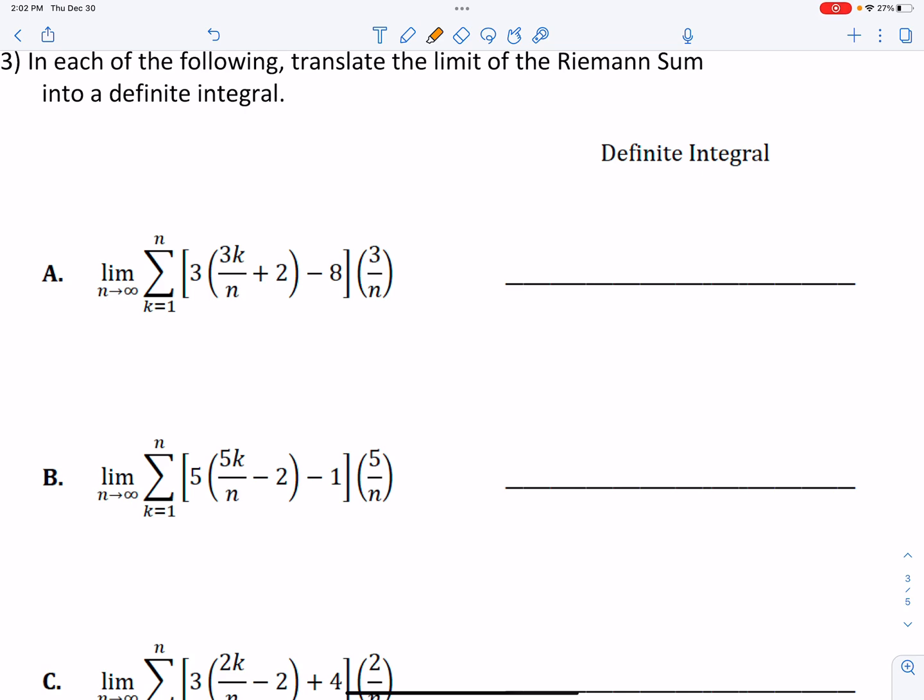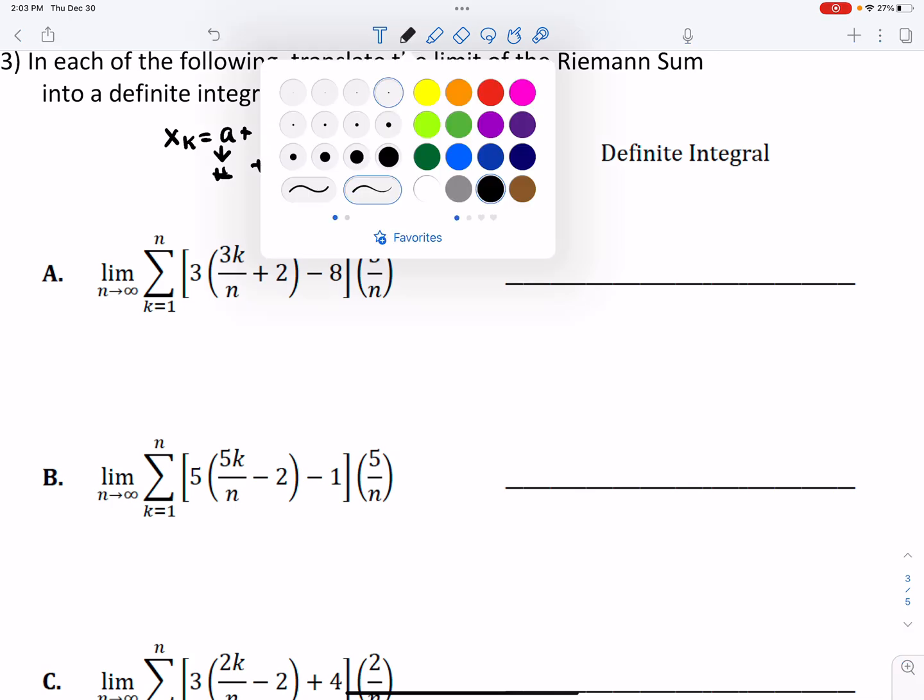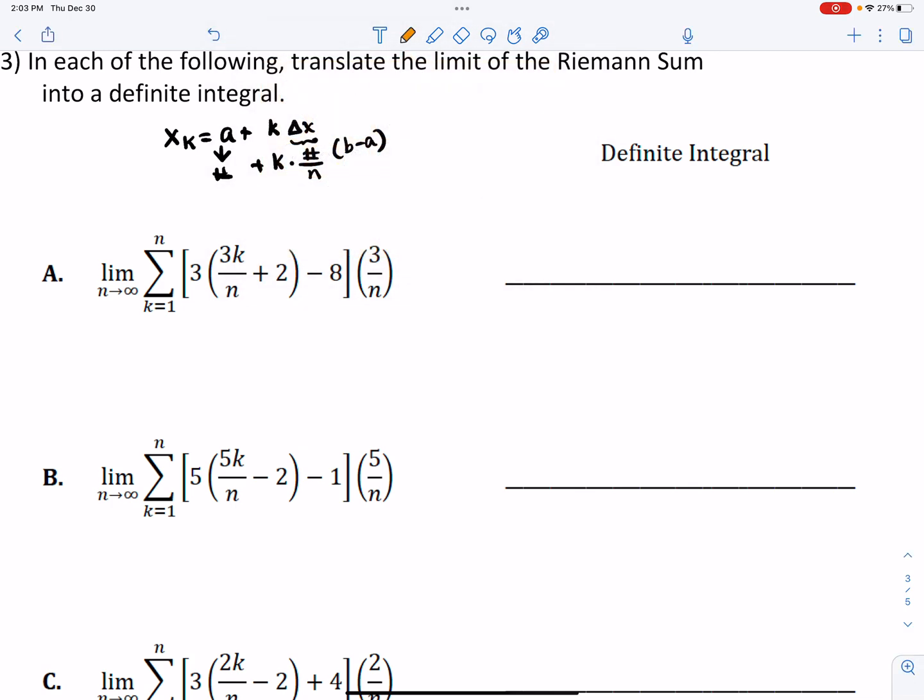And we could add a number, because remember, x sub k is a plus k delta x. This is a number, and this is always a number divided by n, right? This number is really b minus a. That's what's going to help us get our A and B. So if we look at all the problems, let's highlight just the part that has the k's and the n's.